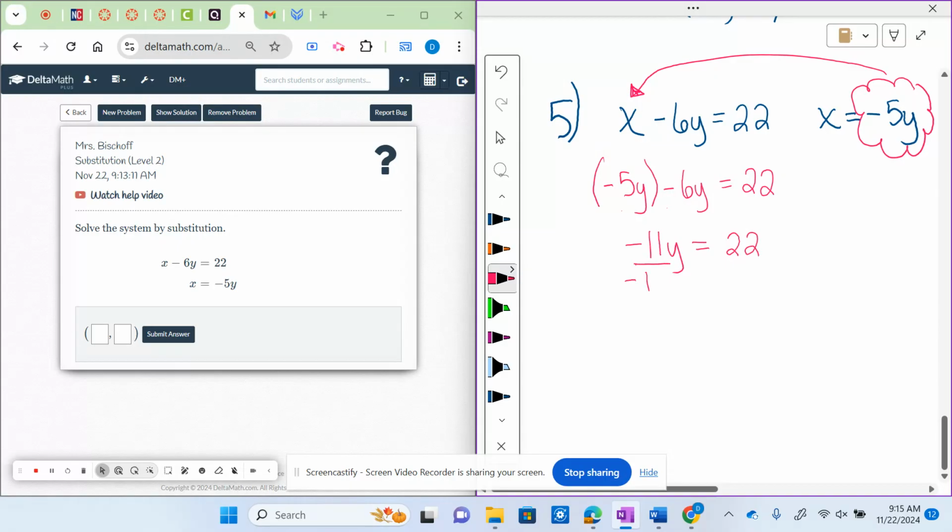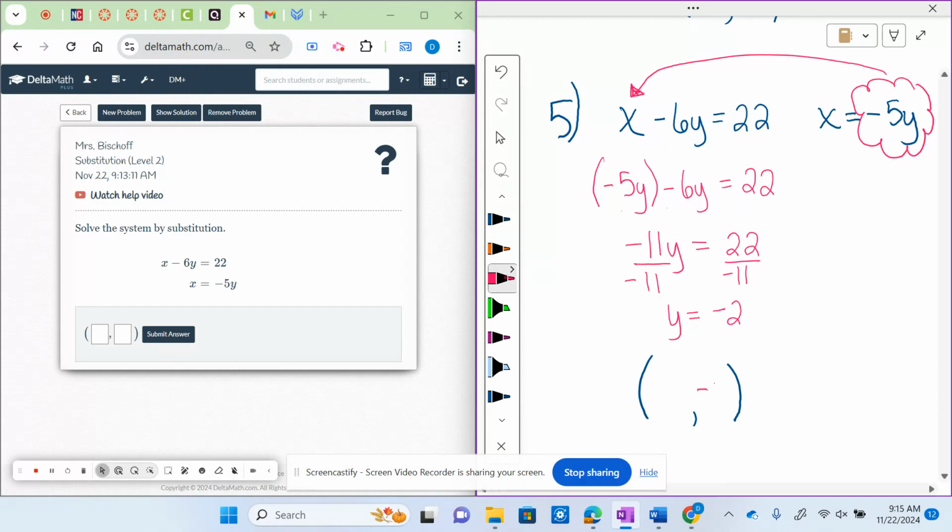Yeah, divide both sides by negative 11. Y equals negative 2. I know that the solution to every system is an XY ordered pair. Where's that negative 2 going? Well, in my ordered pair, where does the negative 2 go? In the second spot. Good job.